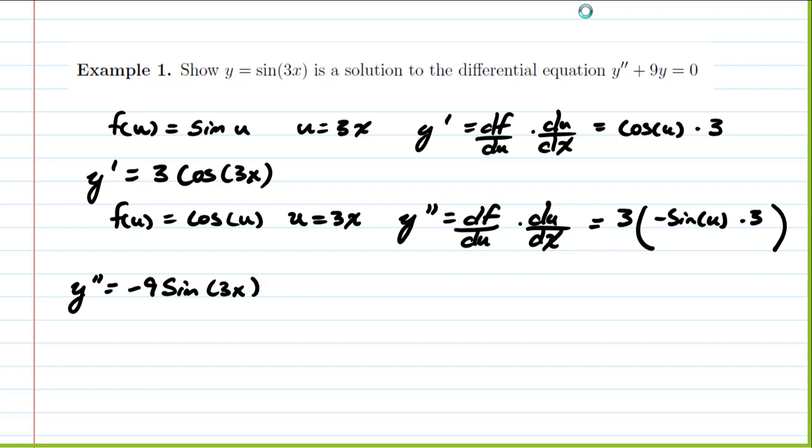So now let's check that. If we put this into our equation, y double prime, we get negative 9 sine 3x plus 9 times, we need to plug in the original. Well, what was our original equation y? Sine 3x, right?